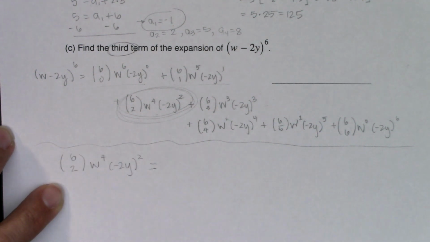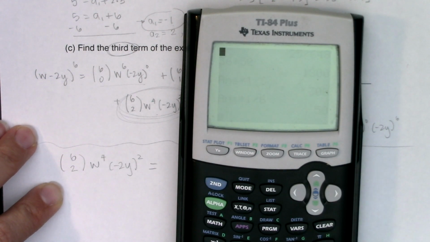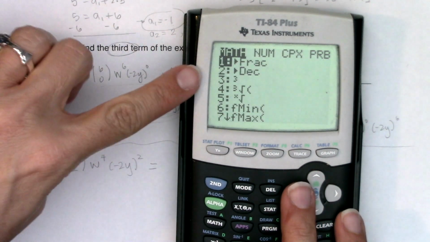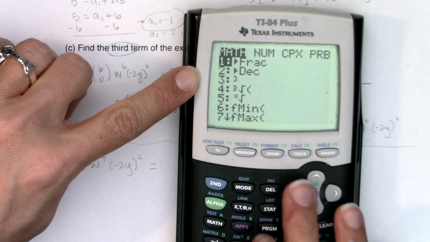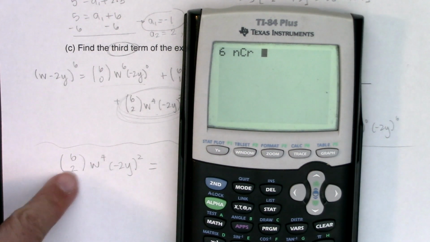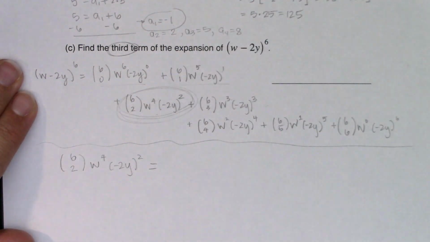So let's just do 6 choose 2 on our calculators. So I'm going to hit 6. We're going to go to our math, okay? And then we're going to go over to PRB. You can hit the right arrow 3 times. I'm just going to go to the left, do option 3. And I need to do 6 choose 2. So it looks like that is the number 15, okay?